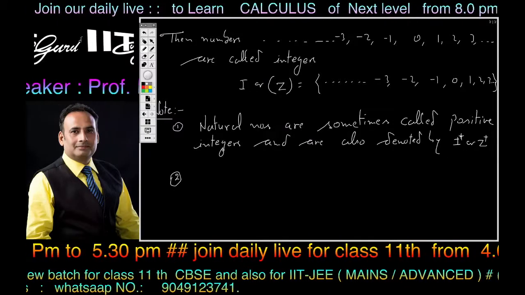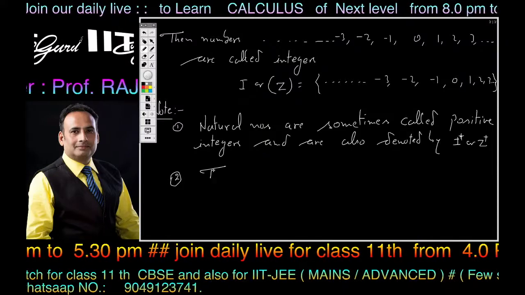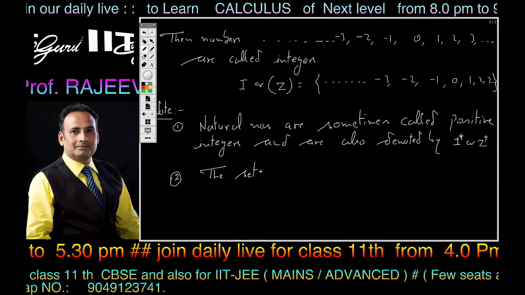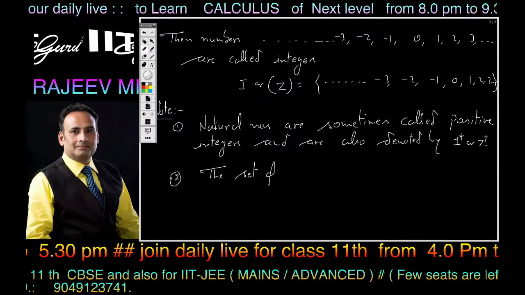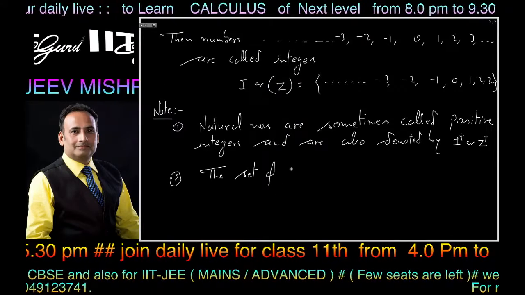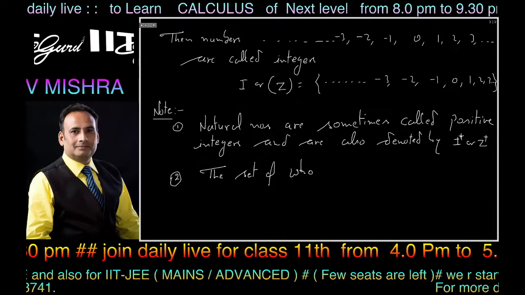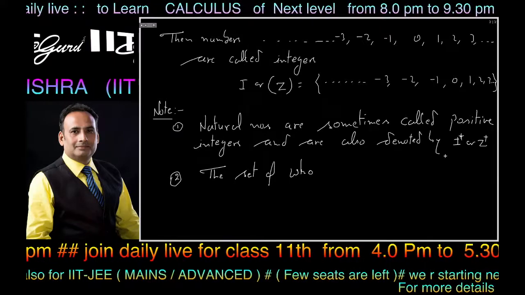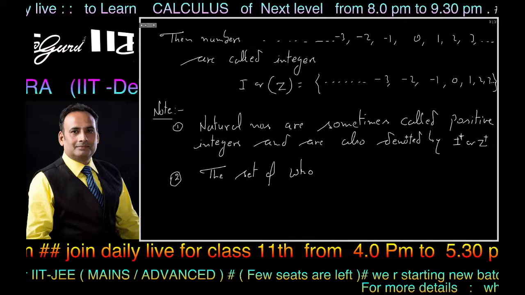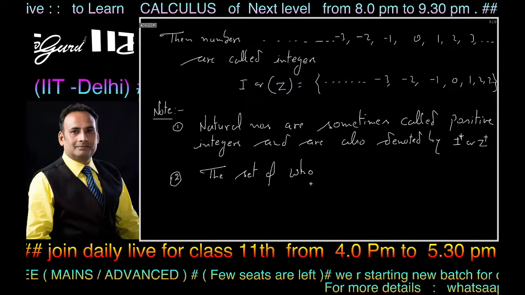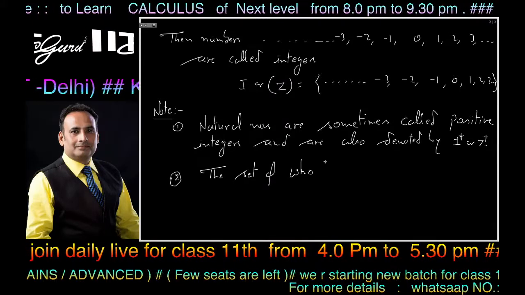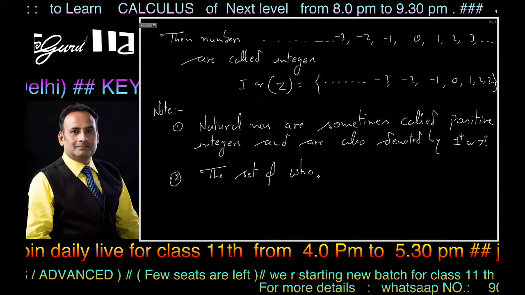Number 2, the set of whole numbers. In whole numbers, all positive integers are there, which are the natural numbers, and besides these, 0 is also included.